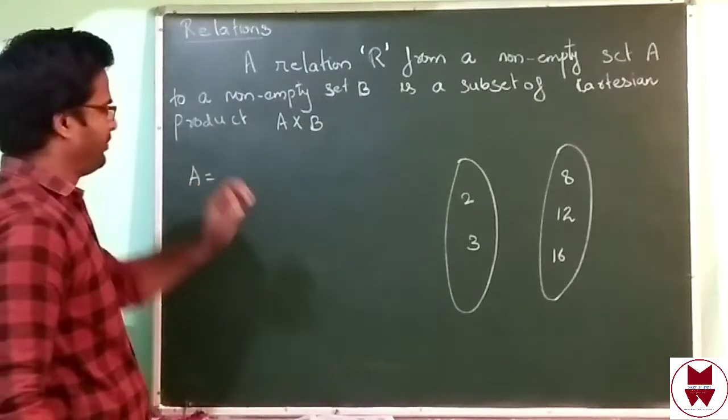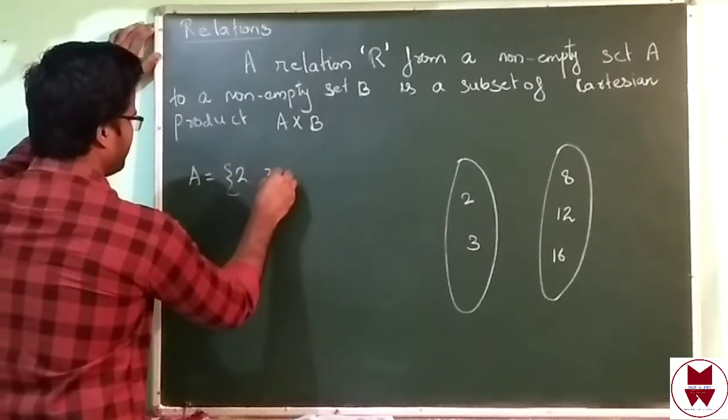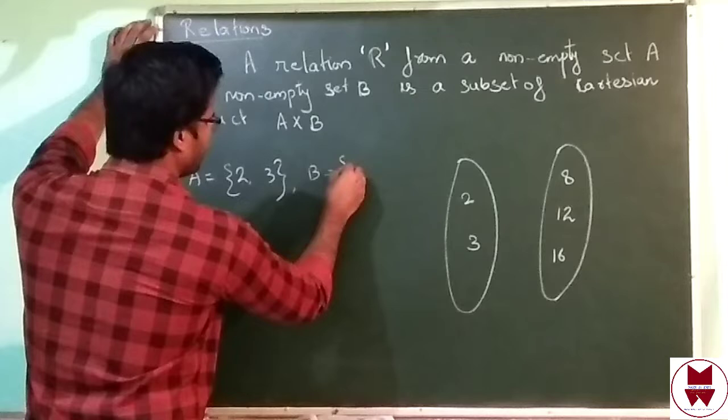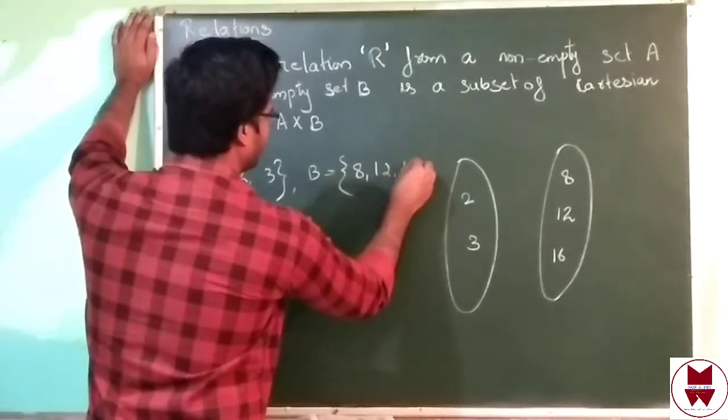We can see one more example. Set A has 2 elements, that is 2, 3. Then set B has 3 elements, 8, 12, 16.